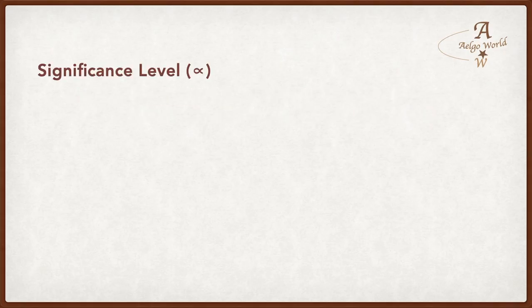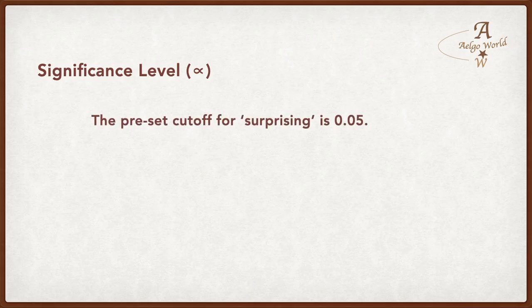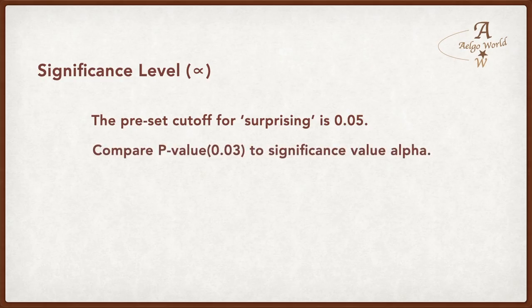So, how unlikely is unlikely enough? Well, researchers decide that before they even start. They set a cutoff point, a line in the sand, called a significance level, and almost everywhere that line is set at 0.05, or 5%. So all we have to do is compare. Our p-value is 0.03, the bar was 0.05, and since 0.03 is smaller than 0.05, we cleared it.